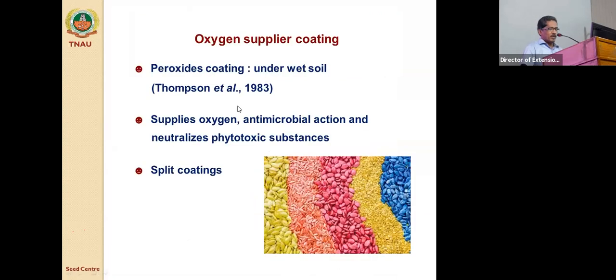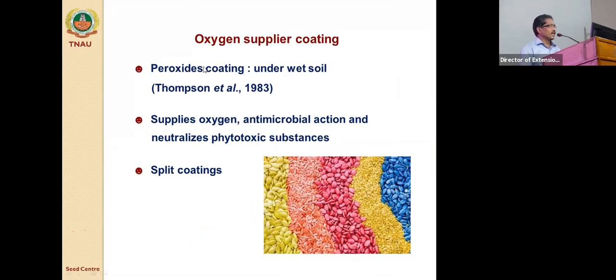Another method of coating is oxygen supplier coating. This is mainly used whenever sowing is taken up even in flooded situations. Sometimes in flooded situations, it will decay the seeds, it will kill the seeds. Because of the non-availability of oxygen, what will happen? The seed will decay, it will not germinate.